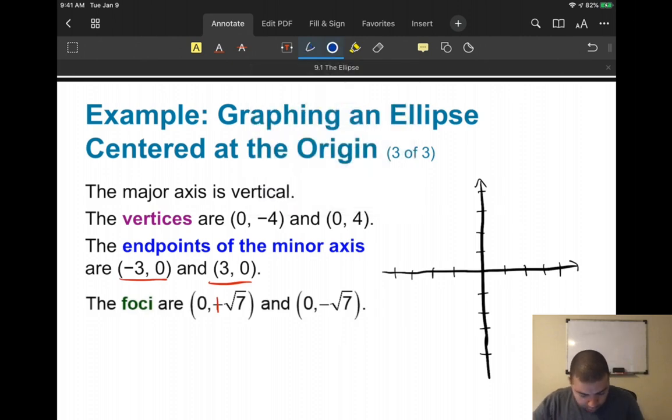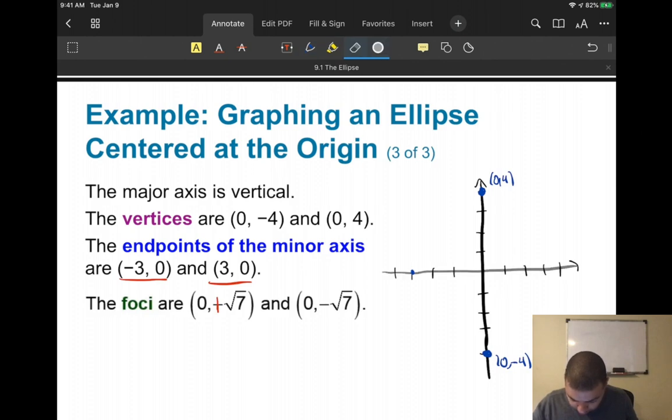Start plotting them points. So the major axis is vertical. The vertices are 0, negative 4, and 0, 4. I want you to see all of these in your graphs, okay? I want to see the vertices. The endpoints are negative 3, 0. This guy.